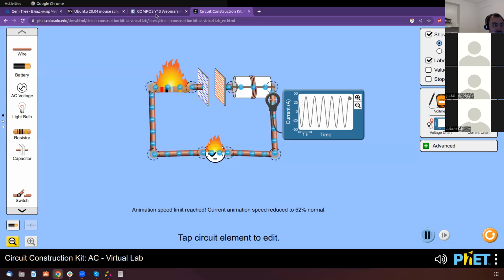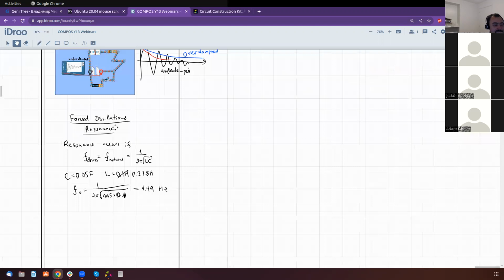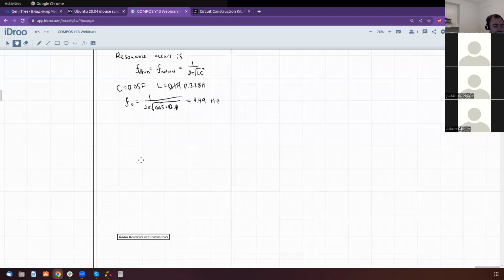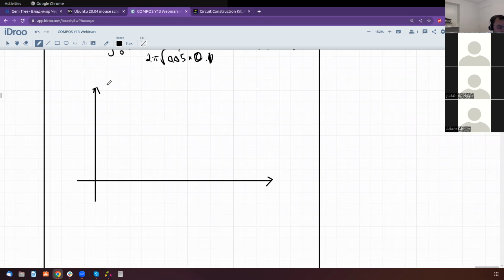And of course, you should be familiar with the resonance curve. When you have the frequency of the forced oscillations and the amplitude, the amplitude in this case is the current, and here is the frequency.